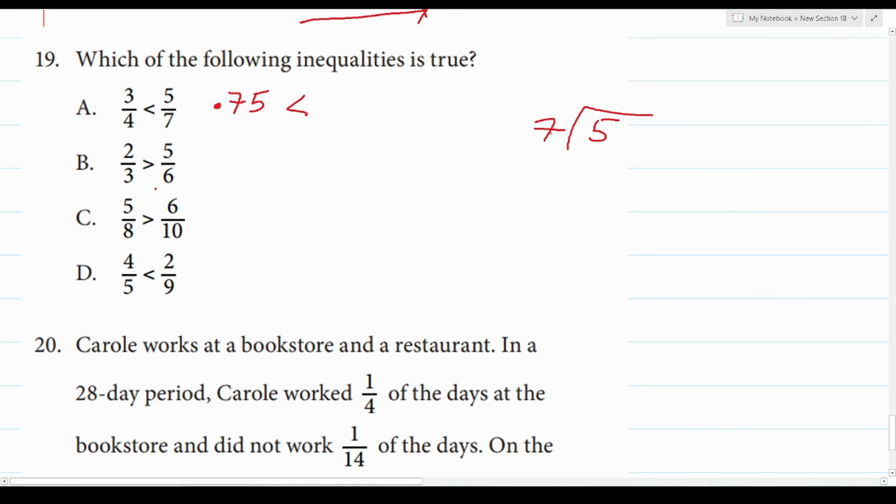Let's work this out. We start by asking ourselves how many times does 7 go into 5? It doesn't, so in light of that we have to put a decimal here. We'll tack on some 0 placeholders, and likewise we have to bring this decimal up in place. Again, 5 didn't go into 7, so we can put a 0 here if we really want to. Now the question is, how many times does 7 go into 50 without going over?